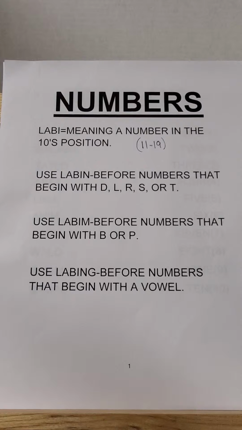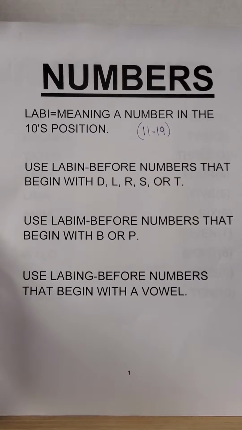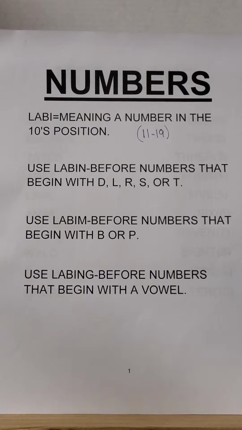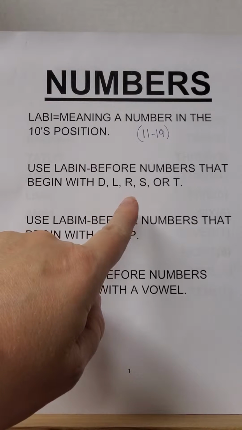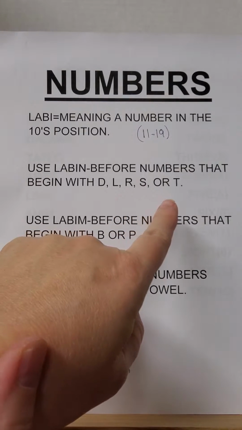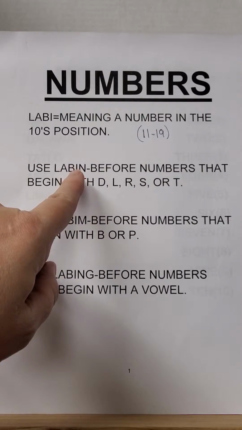Labi means a number in the tens position. So of course that would be 11 through 19. So when our numbers in Tagalog begin with D, L, R, S, or T, we have to put labin before it.